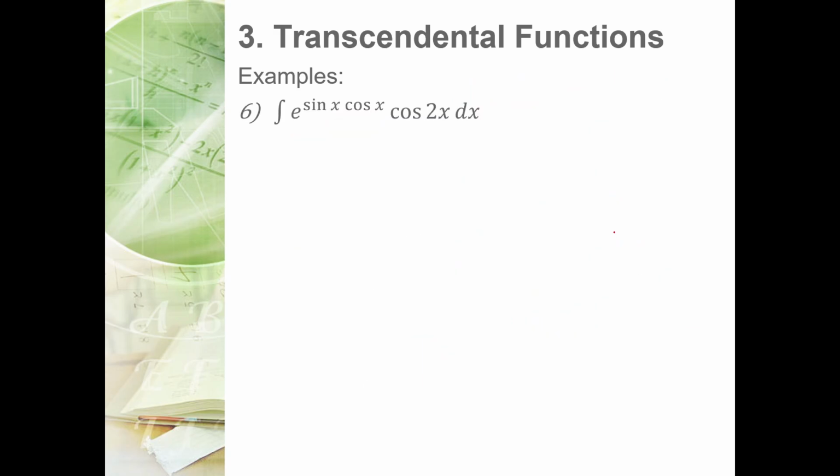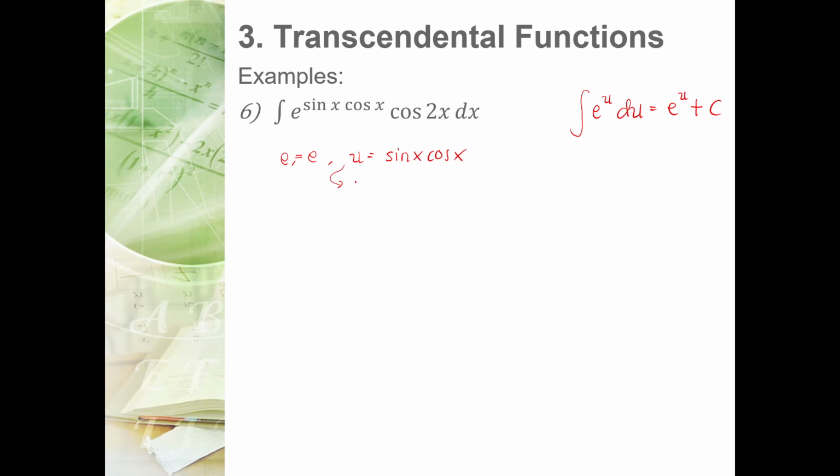So last and final example. Again, e to the power of u du is equal to e^u plus c. The e is still e. Then your u parameter is sine of x times cosine of x.